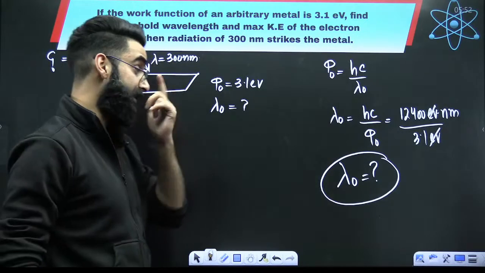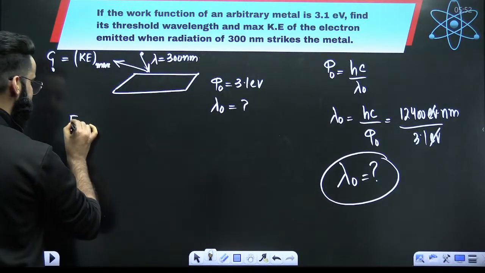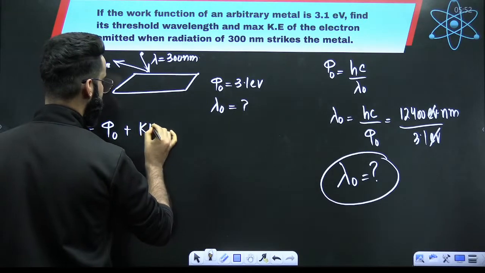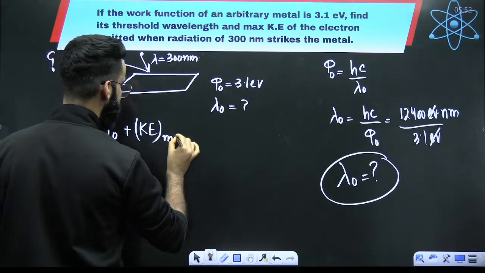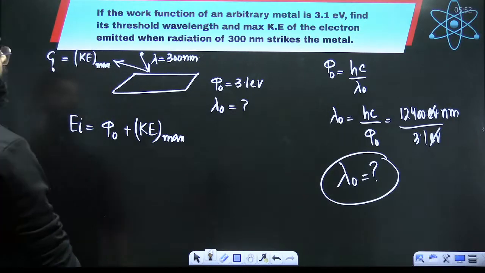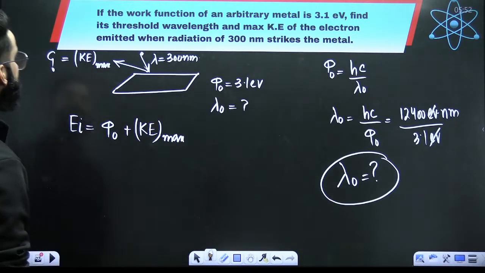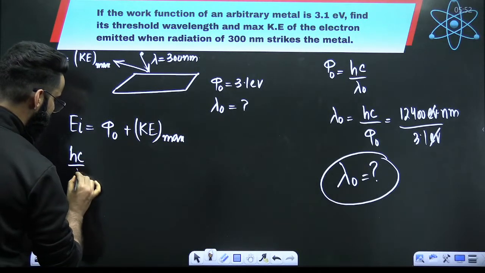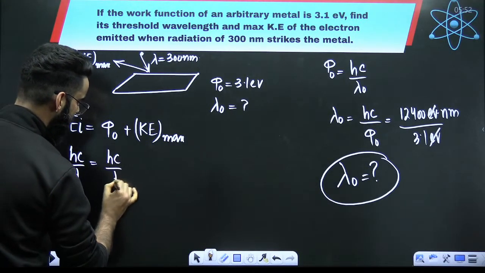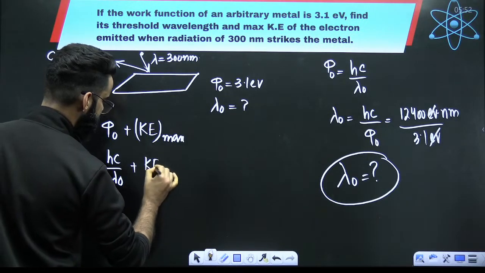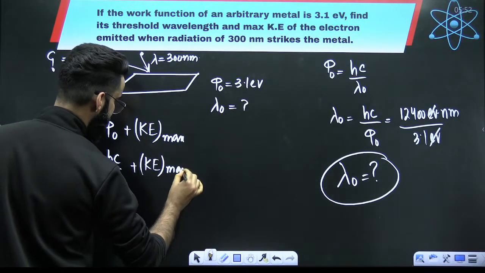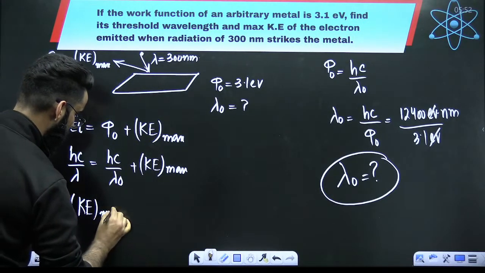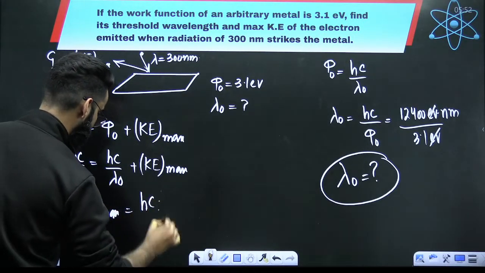Now use the photoelectric equation. The photoelectric equation says that incident energy is equal to phi naught plus the maximum kinetic energy possessed by the photoelectron. What do we have to calculate? We have to calculate the maximum kinetic energy of the photoelectron emitted. Incident energy is just hc divided by lambda. This is going to be hc divided by lambda naught plus maximum kinetic energy. So from here, you can calculate maximum kinetic energy. What is it going to be? hc you will take common.